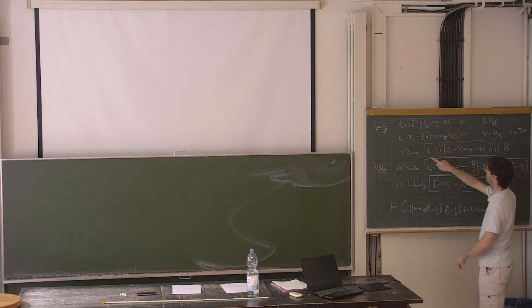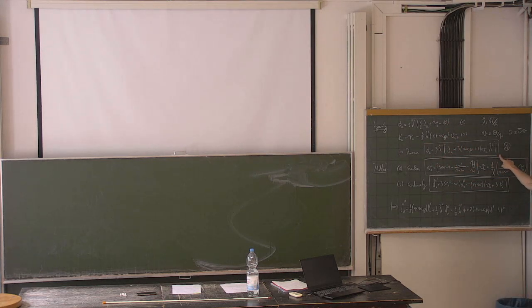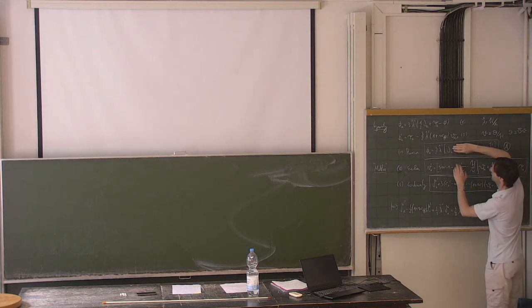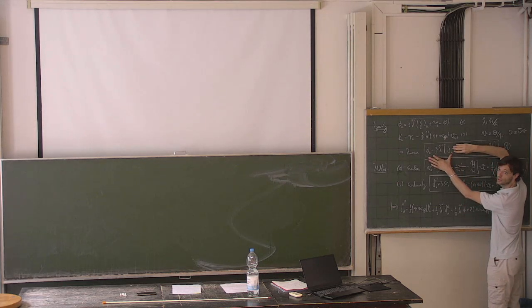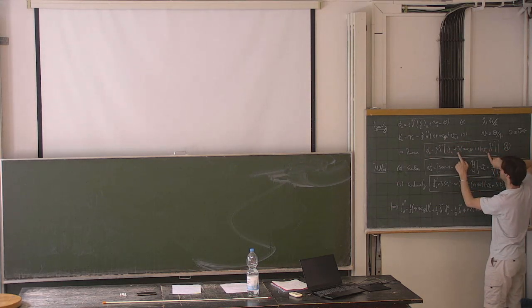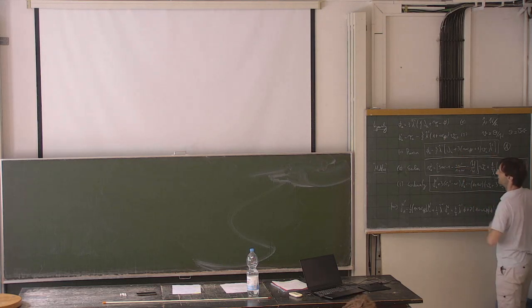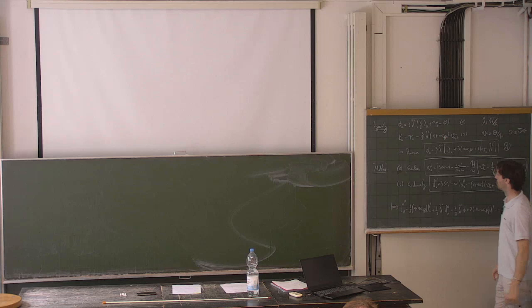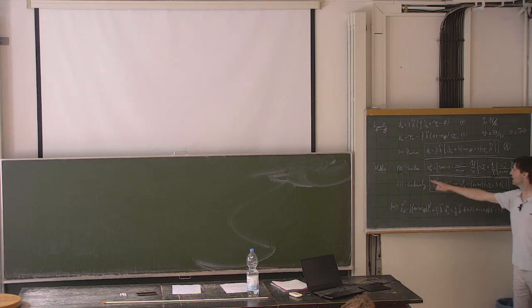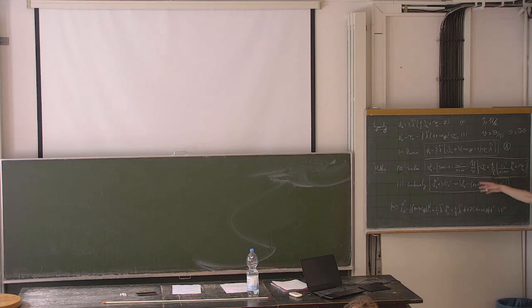Then we combined these two equations, and we got the Poisson equation in a relativistic regime, where you see that we have the standard Newtonian component, but there is a relativistic correction here. Then we have the equations for hydrodynamics, and we got the continuity equation and the Euler equation.